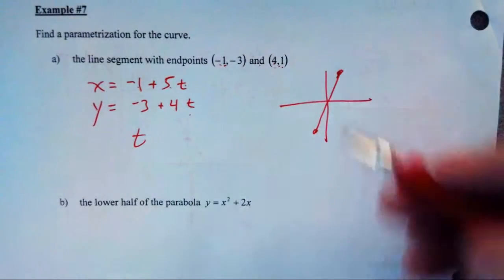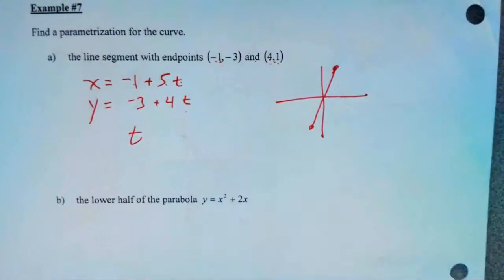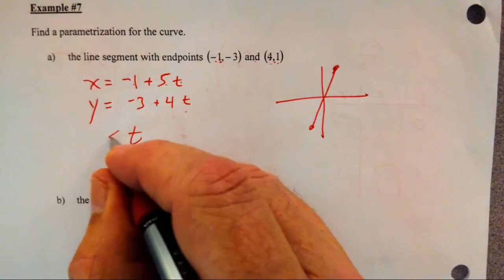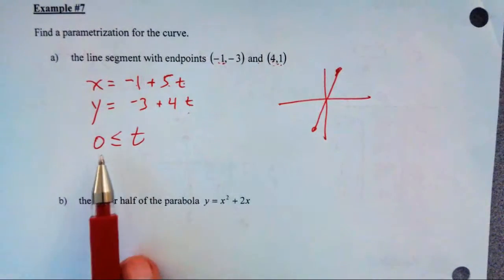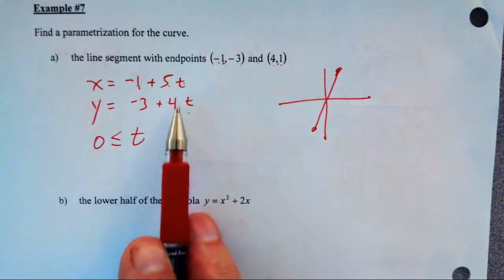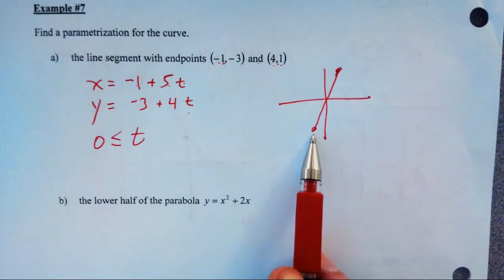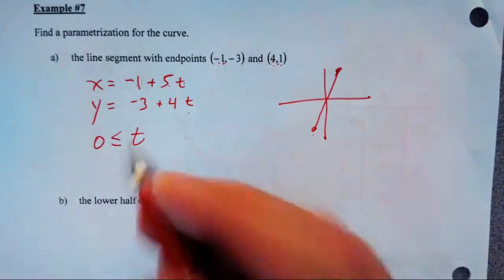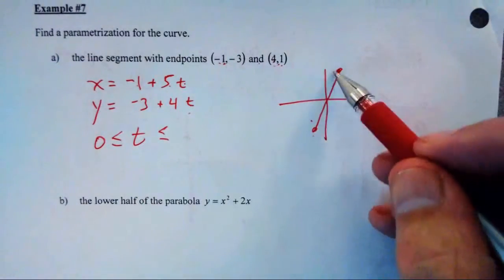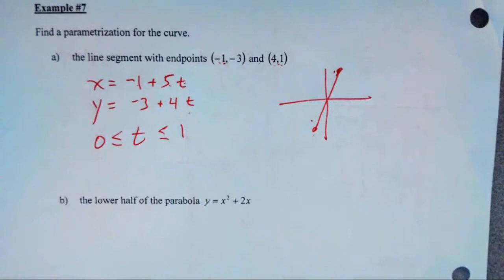What values of t keep us on this segment? T's got to be at least 0. 0 puts me right here at the initial point. And I said this is 1 time unit.